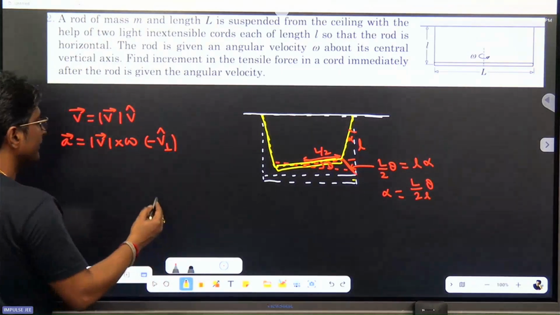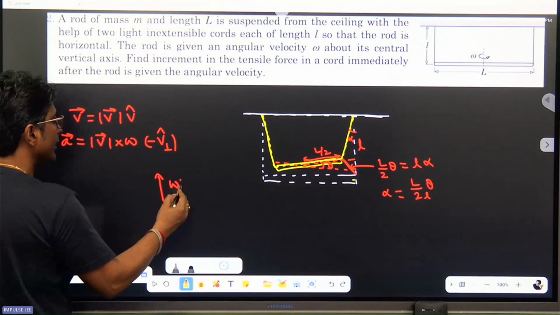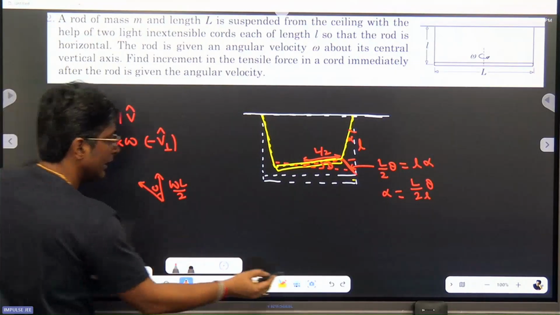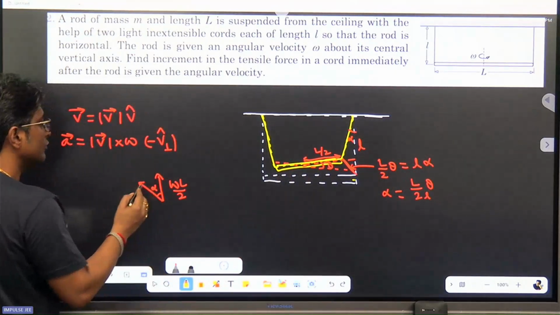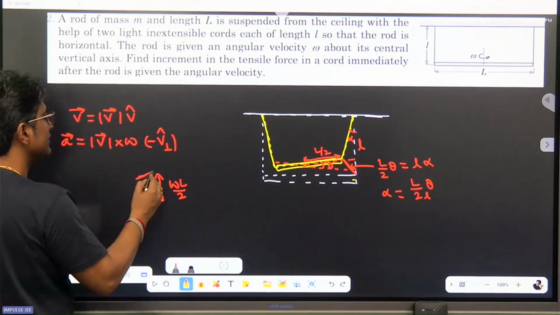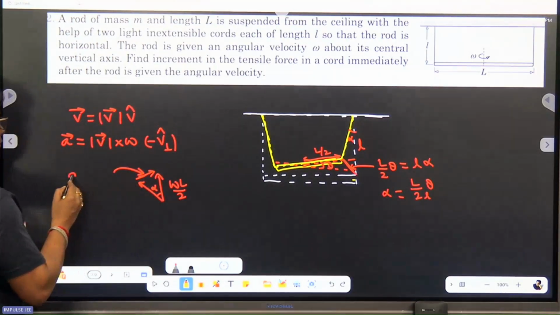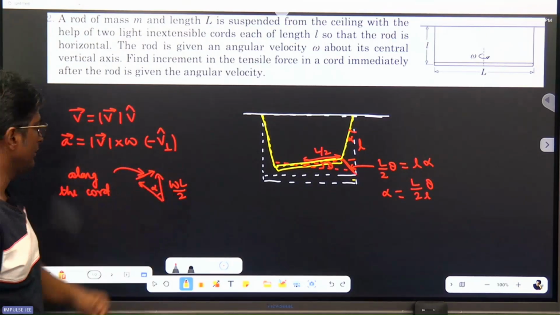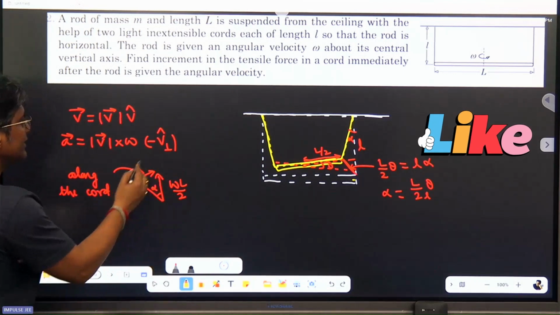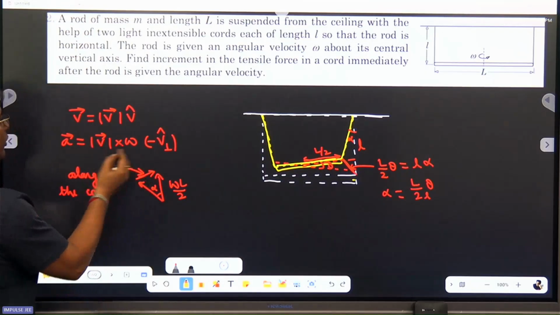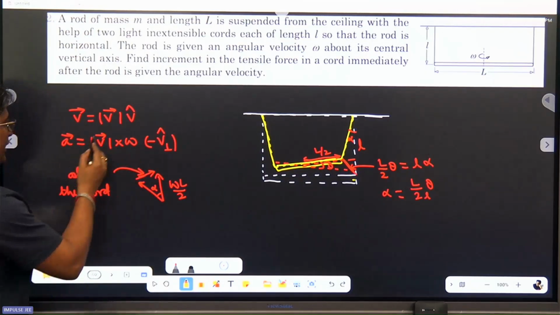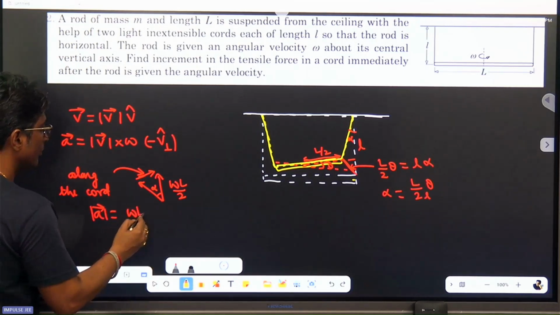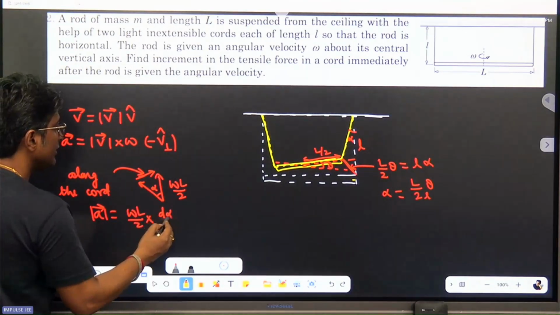So this will be the change, and this change is along the string only. If this is your omega L by 2, but since it has lifted at angle alpha, this change occurs along the cord, meaning along the tension. And according to this concept of curvilinear motion, this acceleration can be written as omega L by 2 times the rate of change of this angle.